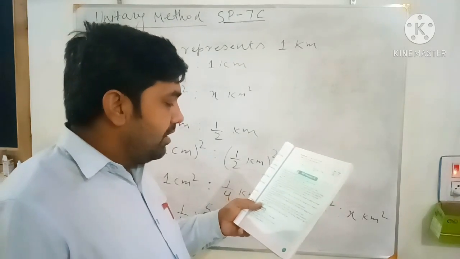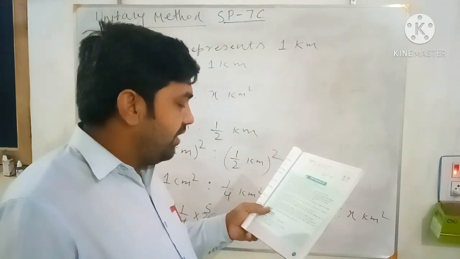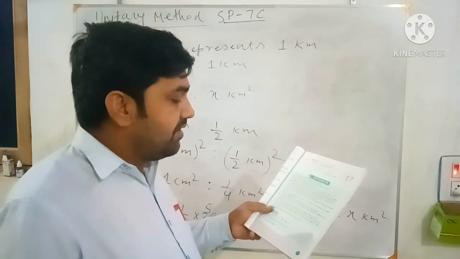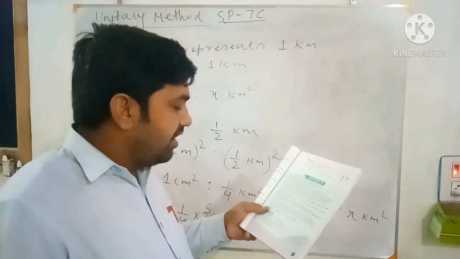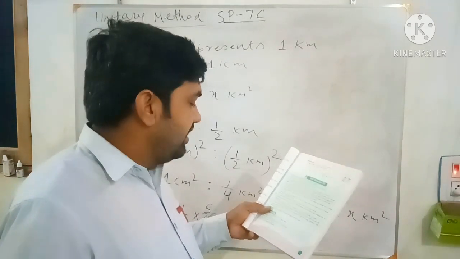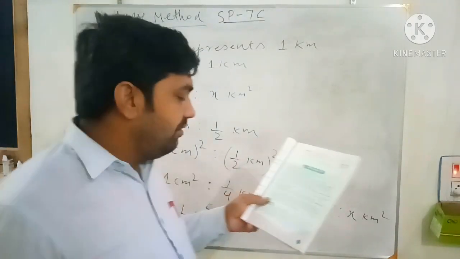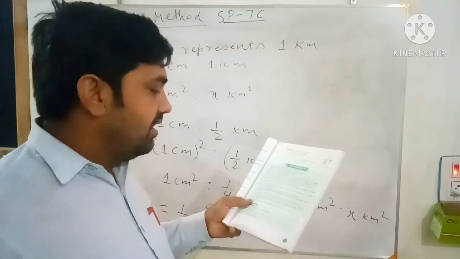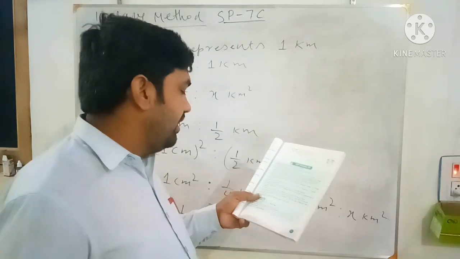Or you can say the watch runs on 5 turns of the winder equal to 15 hours. Therefore the watch runs on 1 turn of the winder for fewer hours, that is 15 by 5, which is 3 hours. For one turn of the winder, the watch will run for 3 hours, and for 9 turns, the watch will run for 9 × 3 = 27 hours. Like this you can calculate.